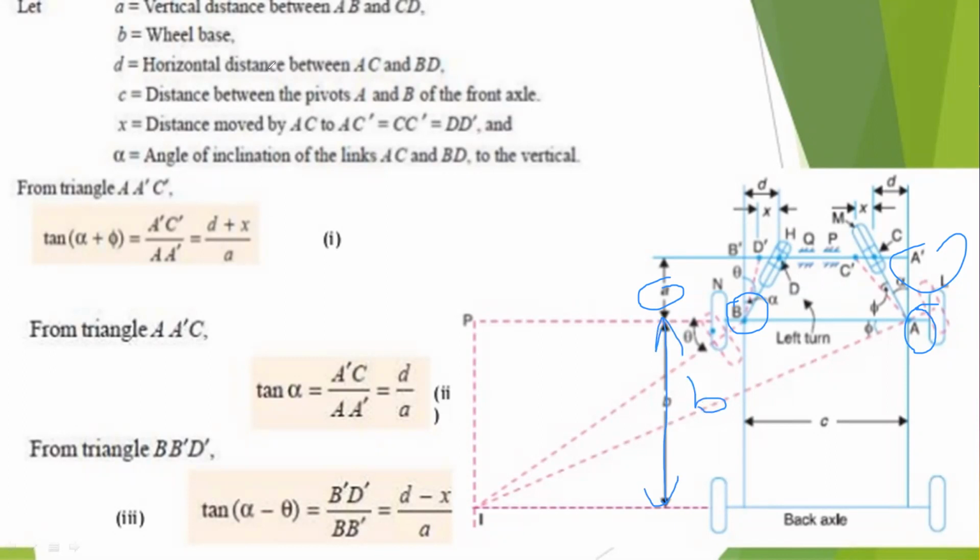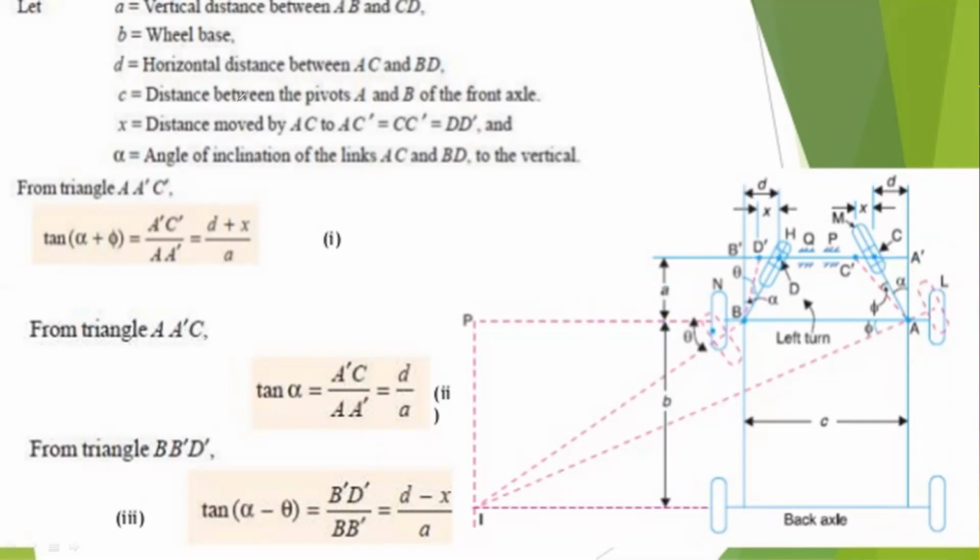And next, d is the horizontal distance between AC and BD. So the small d is the horizontal distance between AC and BD.